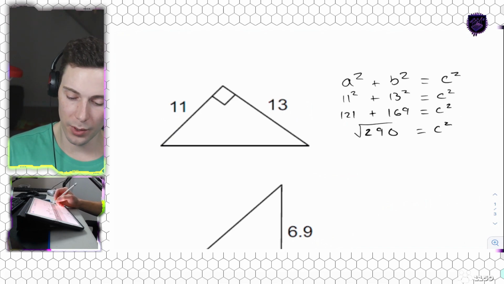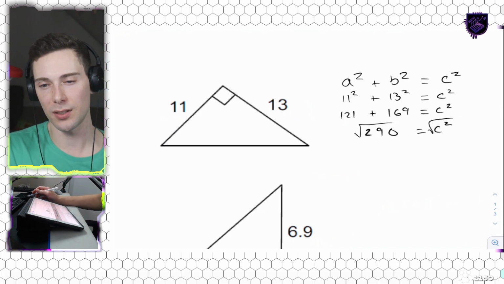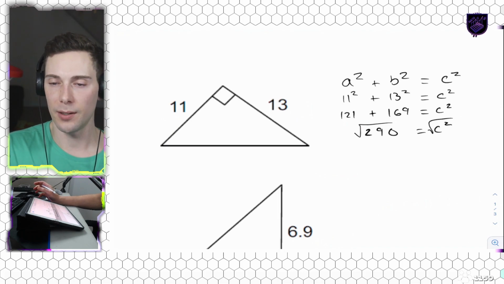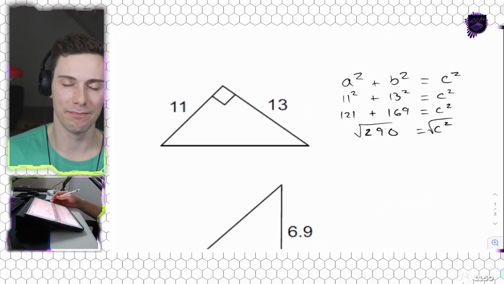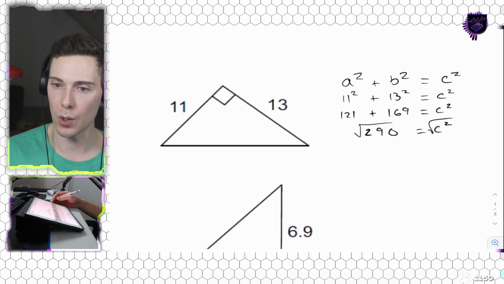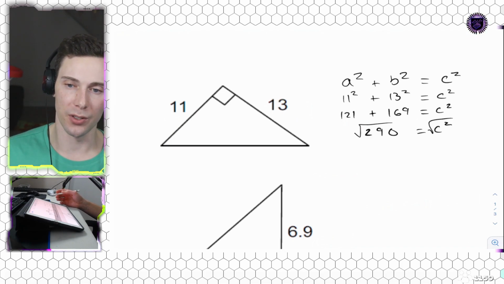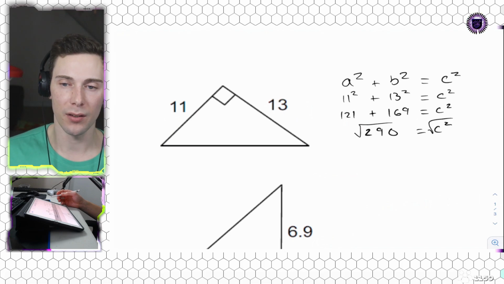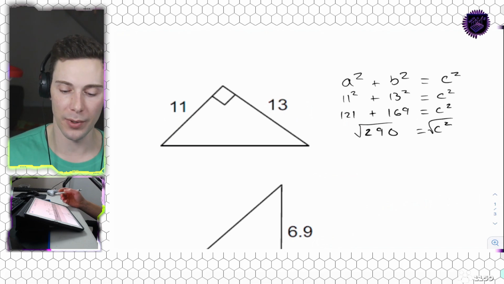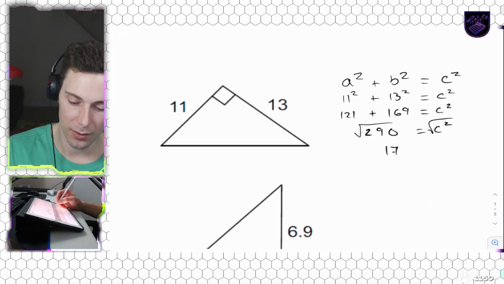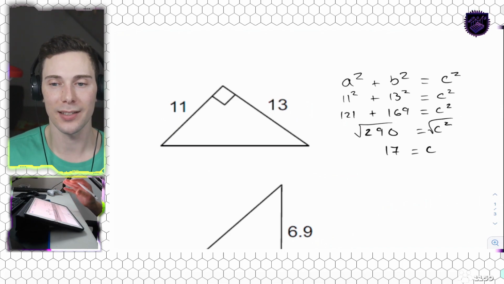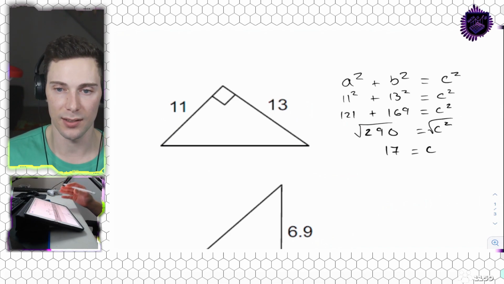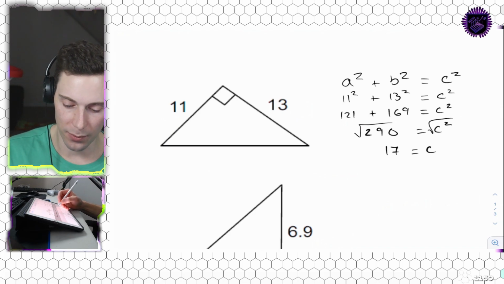And when you find the square root of that, you're going to be given 17 and change. So what we want to do, I think it's going to be like 17.034 or something. So what we want to do is round down to the nearest tenth. And if it's 17.03, we're going to round down simply to 17. Now again, this is rounding to the nearest tenth, which in this case is exactly 17. So C is equal to 17.